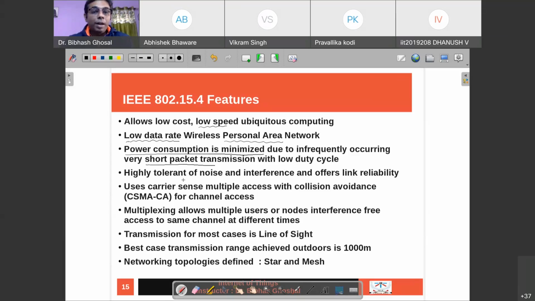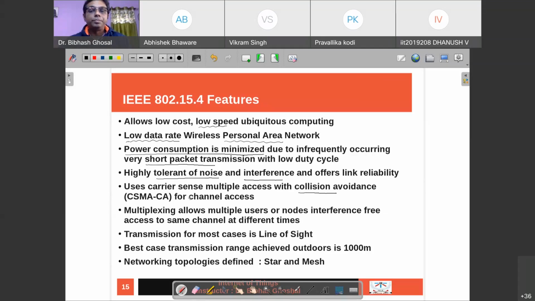The advantage is that it is very tolerant to interference and noise. So you can have a very high performing transmission. The other advantage is that, because we said that in IoT you have heterogeneity of devices, a lot of devices will be there. So there can be a possible collision.